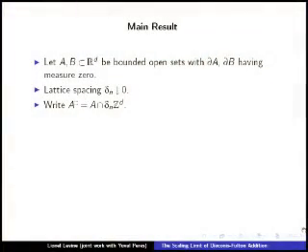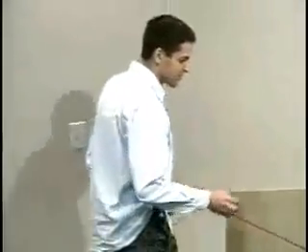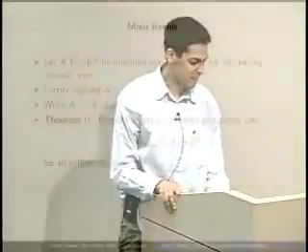We have our two sets, bounded open sets in R^d, whose boundaries have measure 0. And we want to run our models in finer and finer lattices. So we're going to fix some sequence delta_n tending to 0, which represents the lattice spacing. And here's a notation: if A is a set in R^d, let's write A superscript delta_n for its intersection with the lattice.